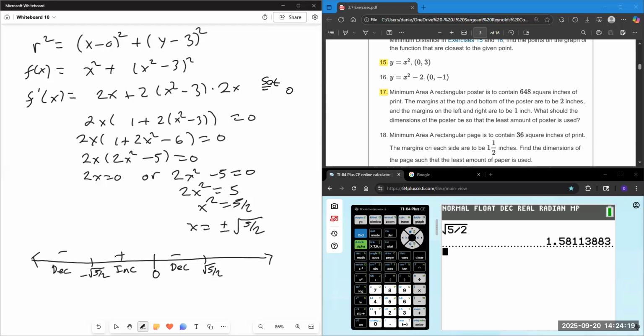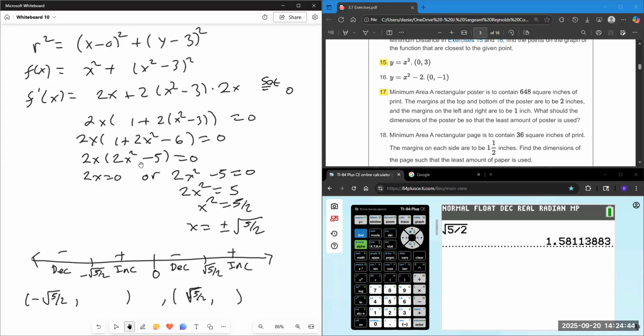And 2 is positive and positive, that's positive and increasing. So I'm interested in the local minimum here for the distance, which is going to be at x is negative root 5 over 2 something, and root 5 over 2 something.